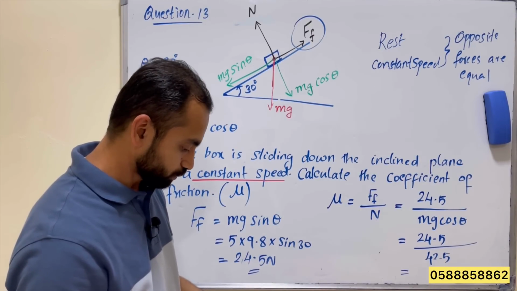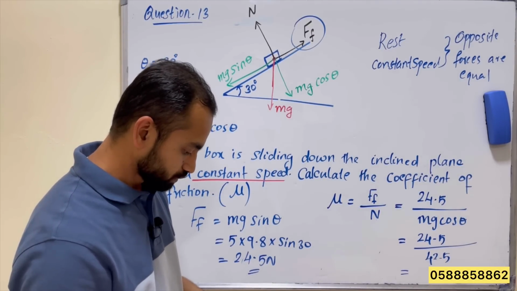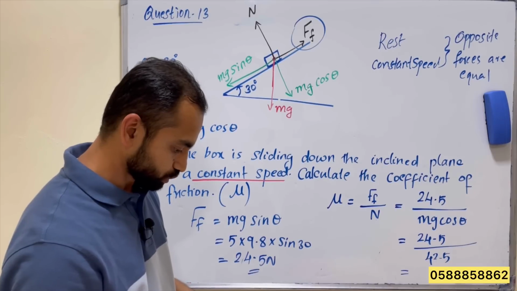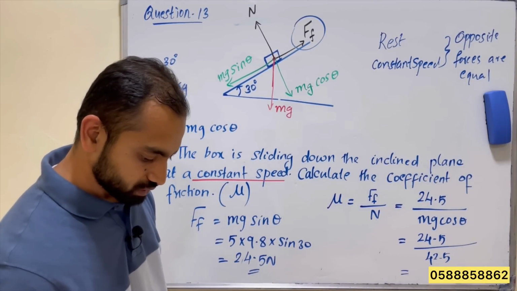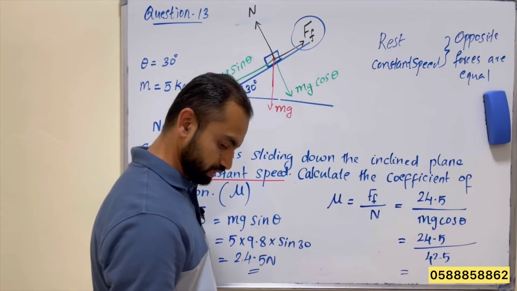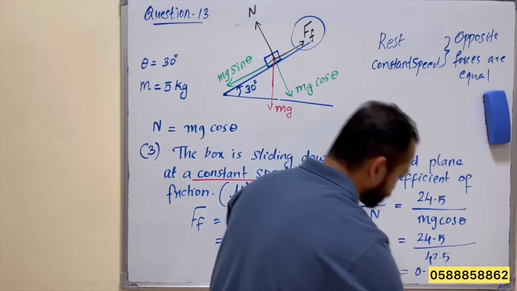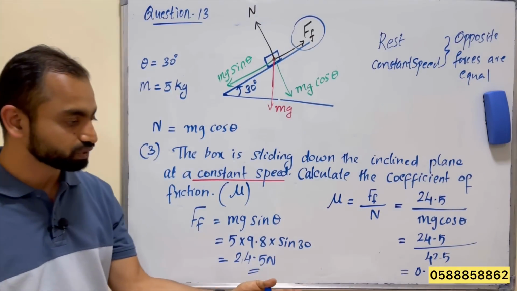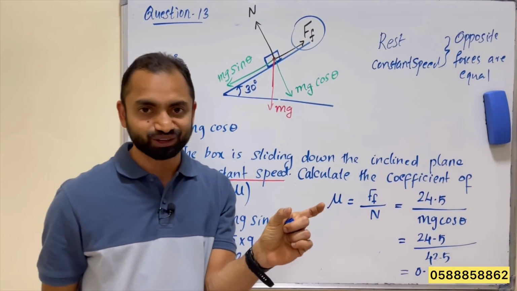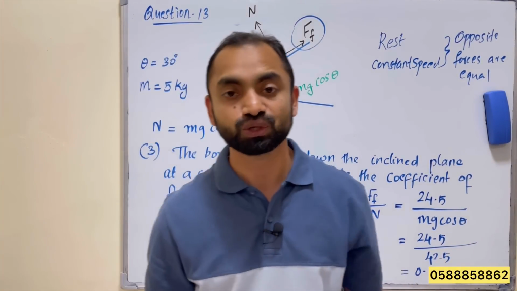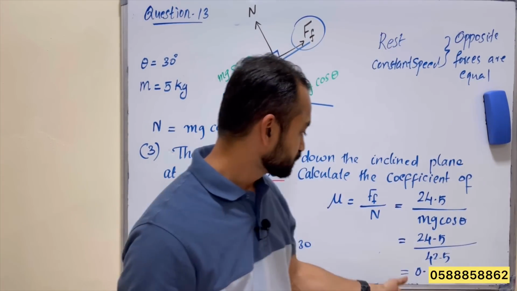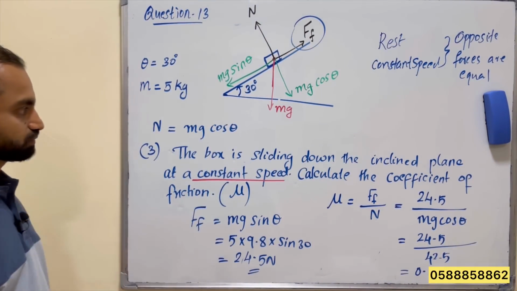So 24.5 divided by 42.4 equals 0.58. What is the unit? Coefficient of friction has no unit, and when you calculate coefficient of friction, you will get a value that is less than 1. So we got here less than 1.